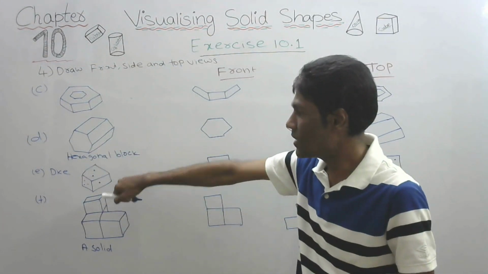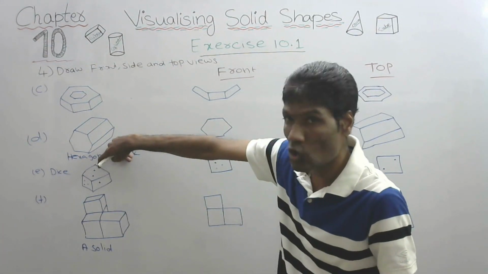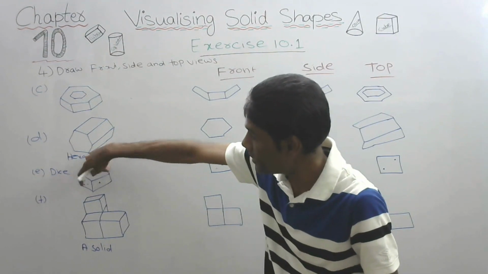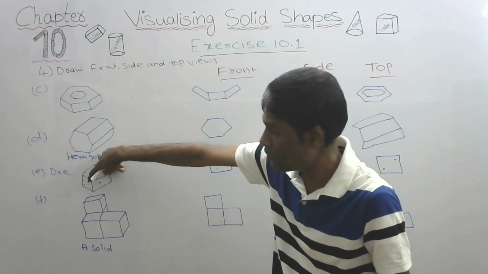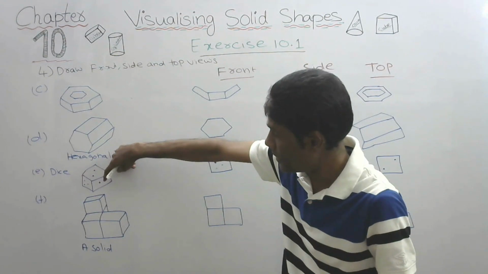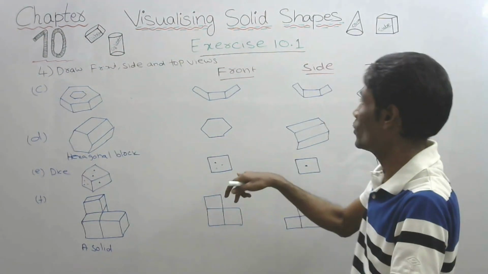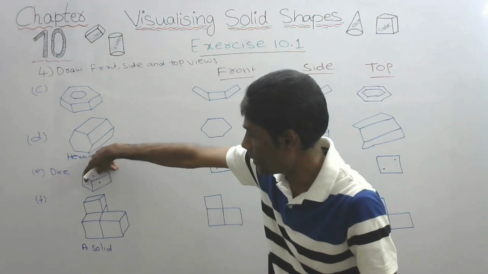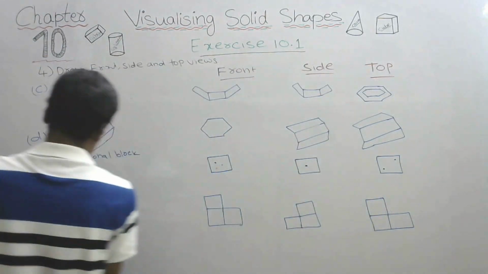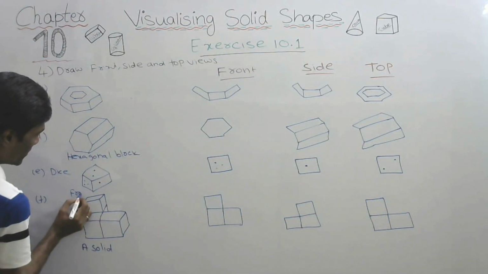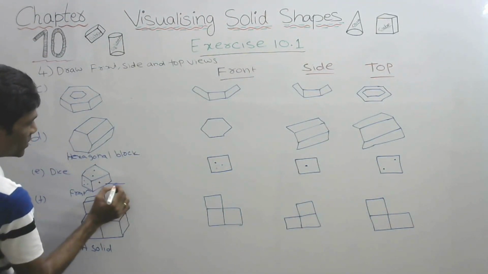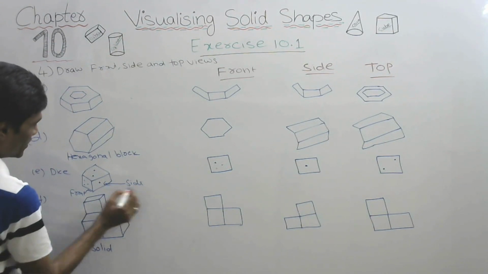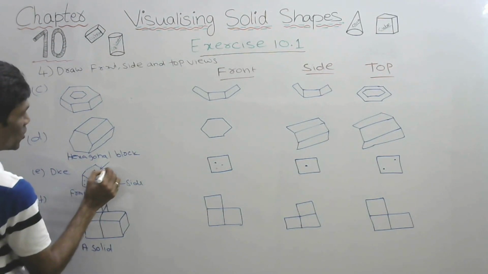In this picture, he has given 2 on the top. This on side 3. That is in front. And inside 1 is given. So from front, this is front part now. This is given front. And this is side. And this is top.